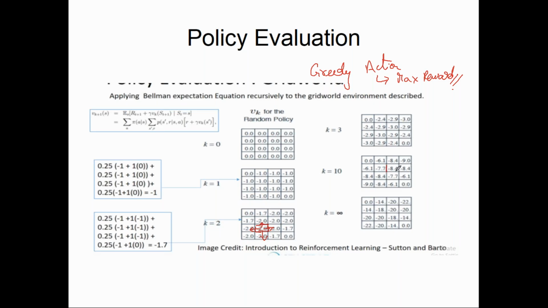So if you look at all these things, for -8.4, -7.7, -7.7, that means being in this state, it may go either left or down. I'll give one more example. Being here, it may take either right or up. That means it will try to take an action which gives maximum reward.